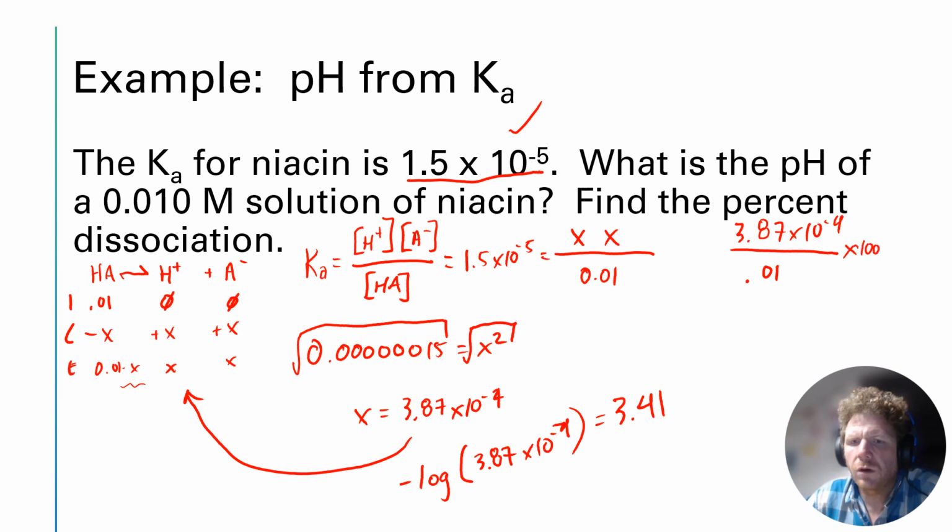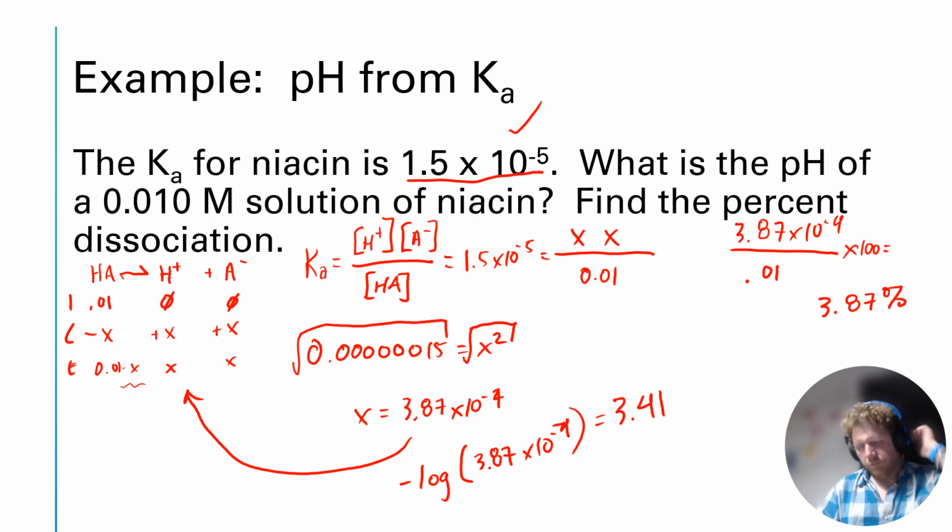Multiply this by 100, and I get 3.87%. Now chances are my numbers could be a little bit different if I did the quadratic, but I'm going to go ahead and stop there.